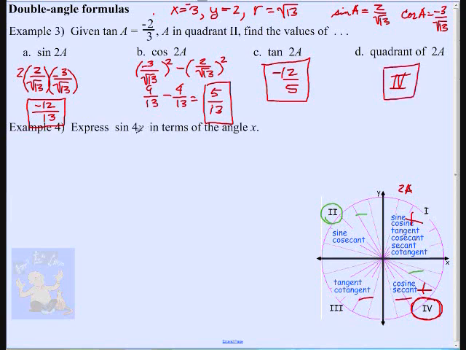Express sine of 4x, oh, this is such a great problem. So we're going to think about it this way.